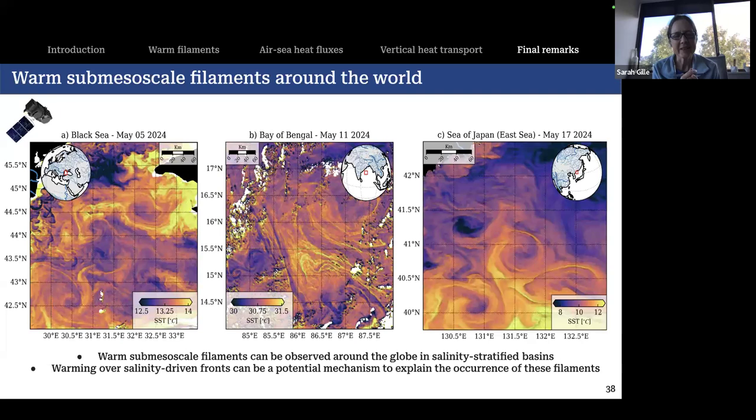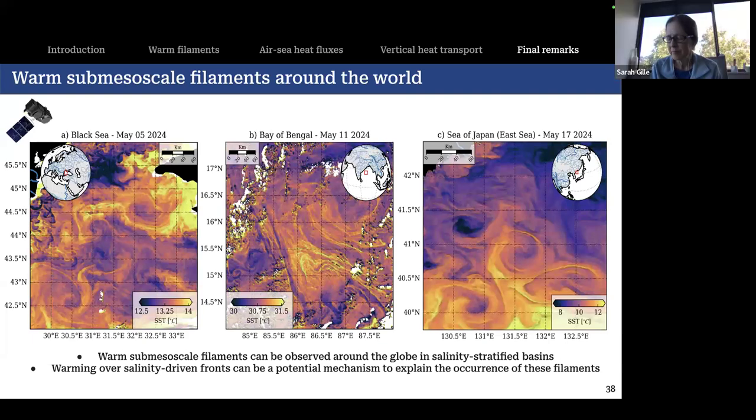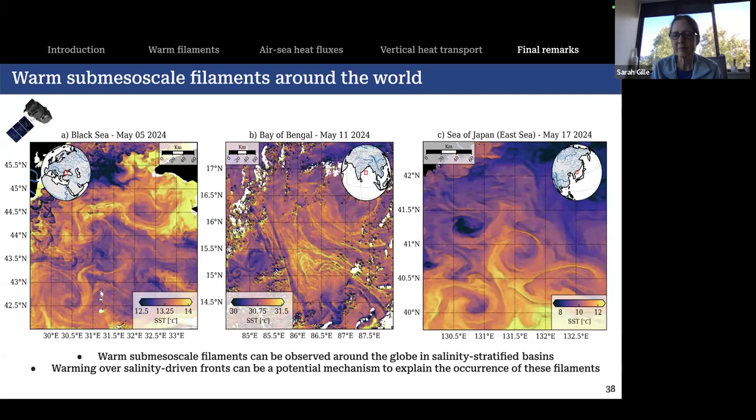And for model resolution, again, we're in a case on the shelf where the radius of deformation was around 4 or 5 kilometers, and for our 2 kilometer resolution, it still wouldn't fully resolve the submesoscale, so we couldn't form the filaments too.